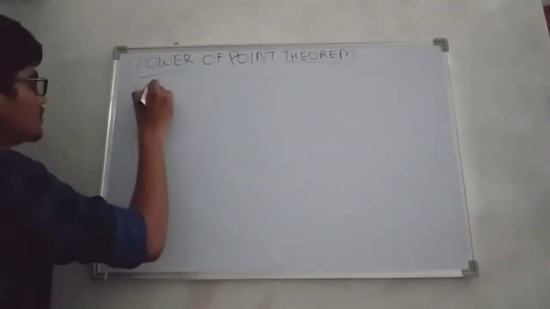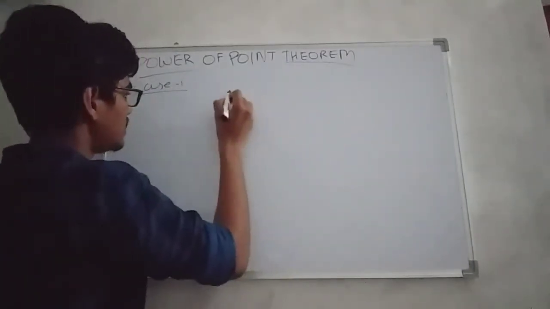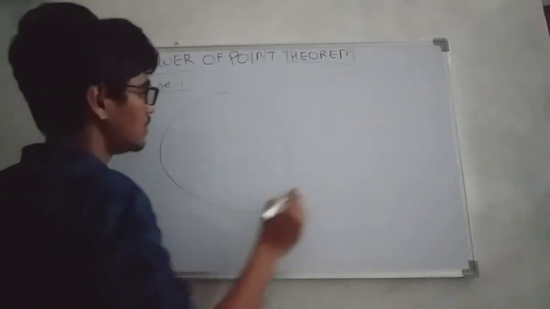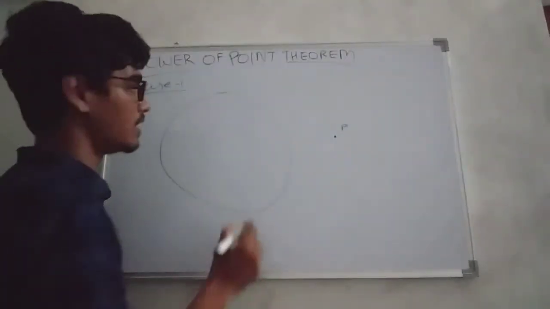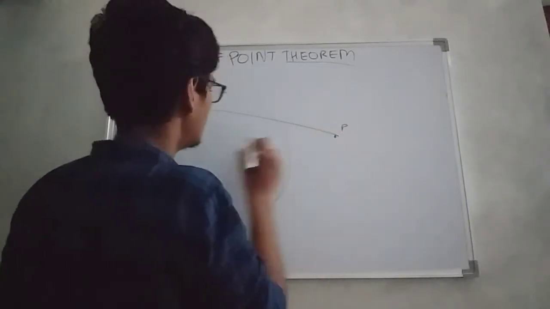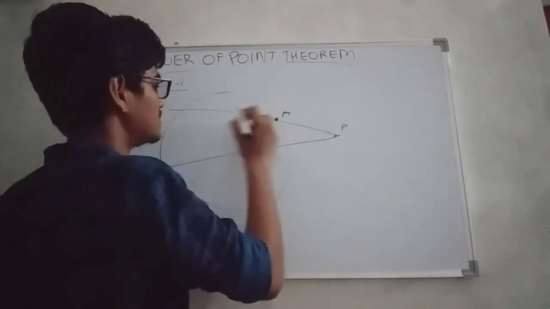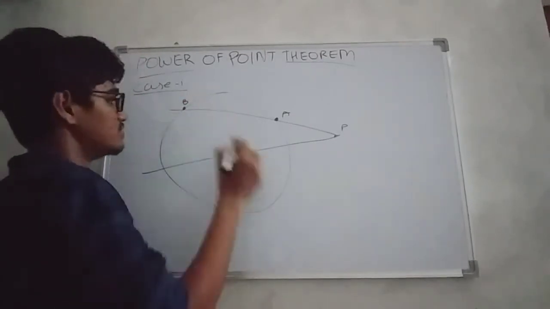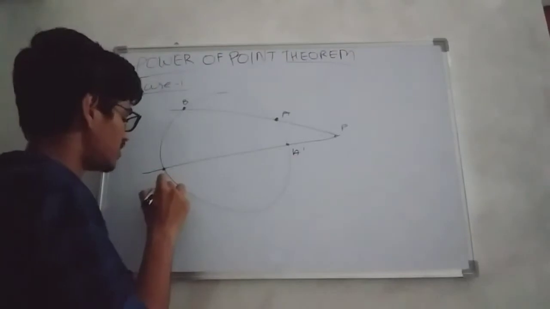Case 1. Here the point is external, name it as P, and two secants are drawn to it. Name these points as A and B, and A dash and B dash.